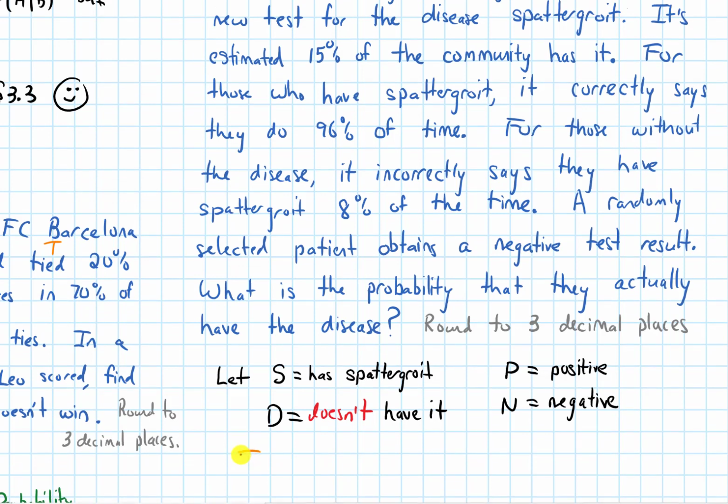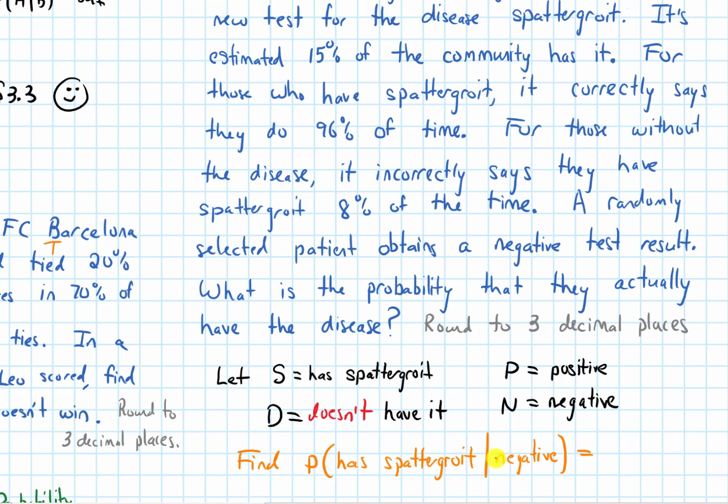we are trying to find the probability that this person has the disease. So this person has Spattergroit. But we're given something, because in the previous sentence it says that this randomly selected patient obtains a negative test result. So given that they have a negative test result.